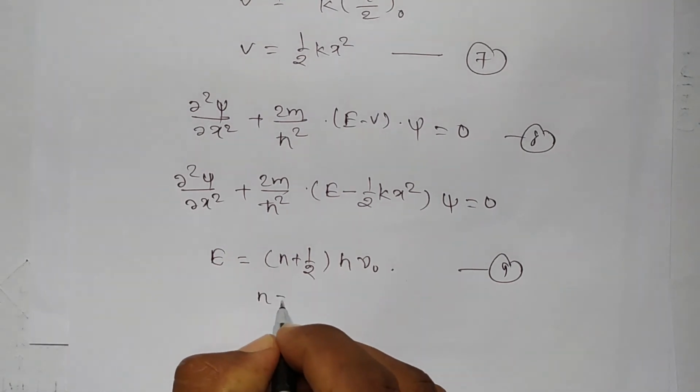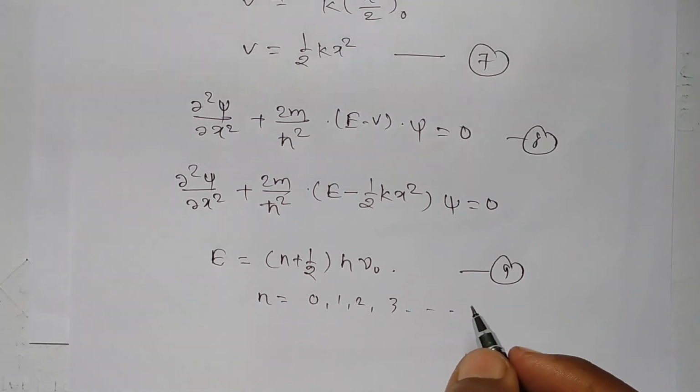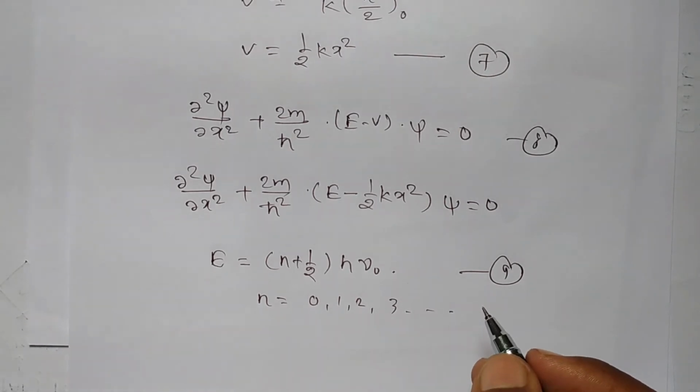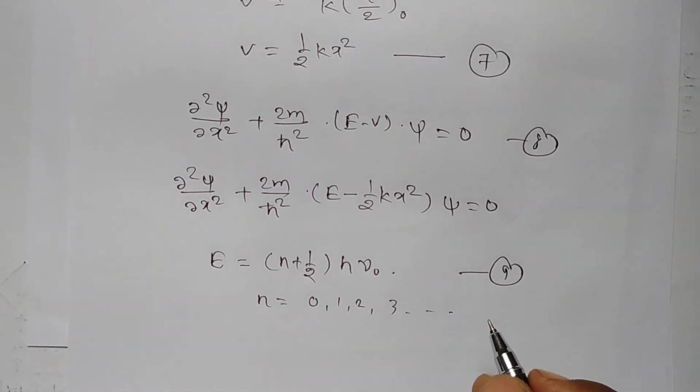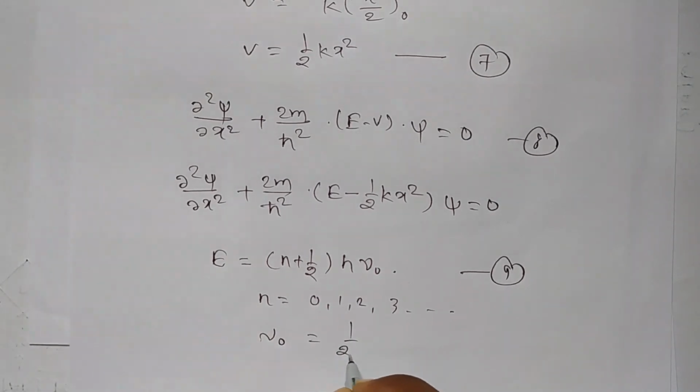Here n is 0, 1, 2, 3 and so on, the integral values, which are called the vibrational quantum number, and nu 0 is 1 upon 2 pi under root k upon mu.